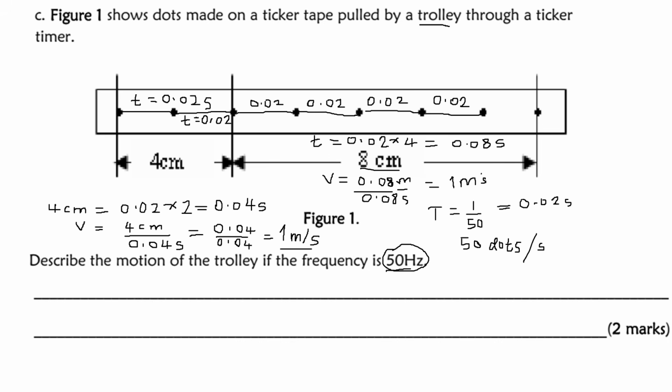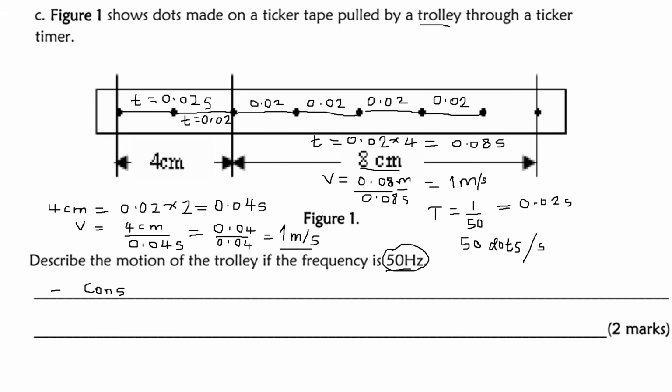So since the speed in both sections of the journey is the same, that means the object is not accelerating, it's moving with constant speed.